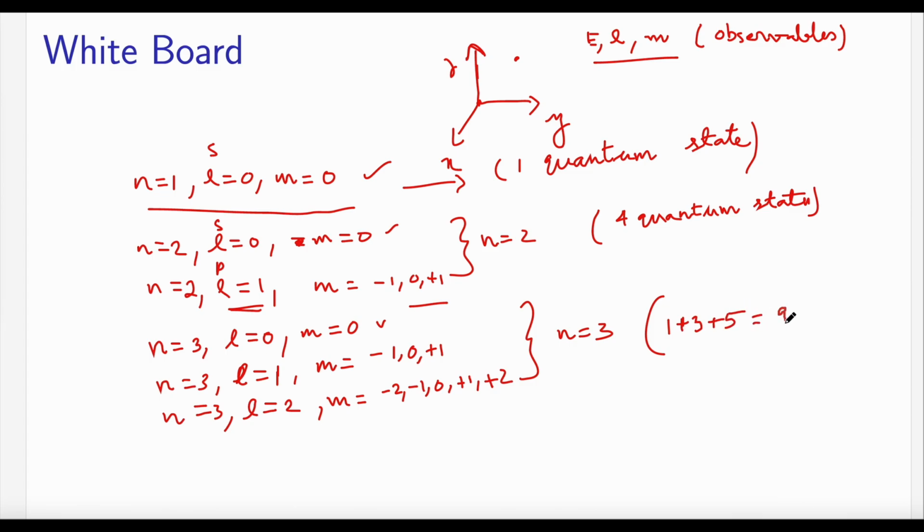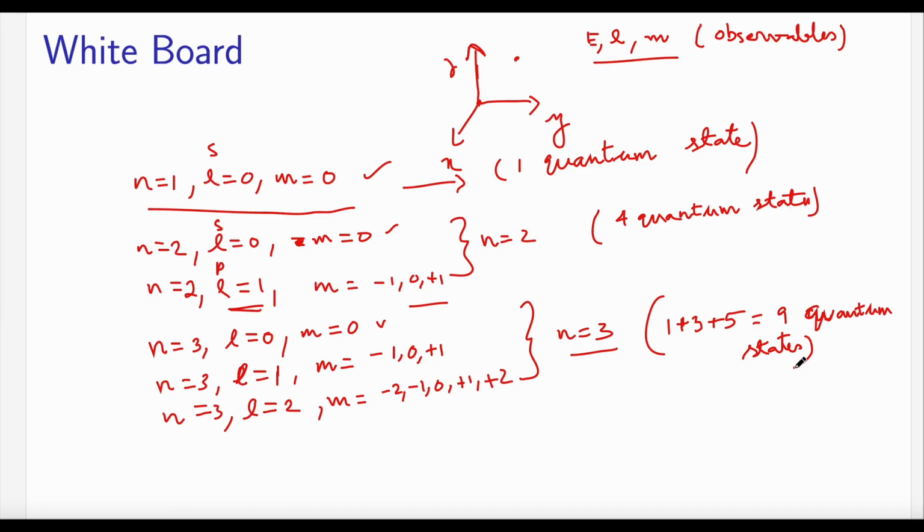There are 9 quantum states corresponding to n is equal to 3.